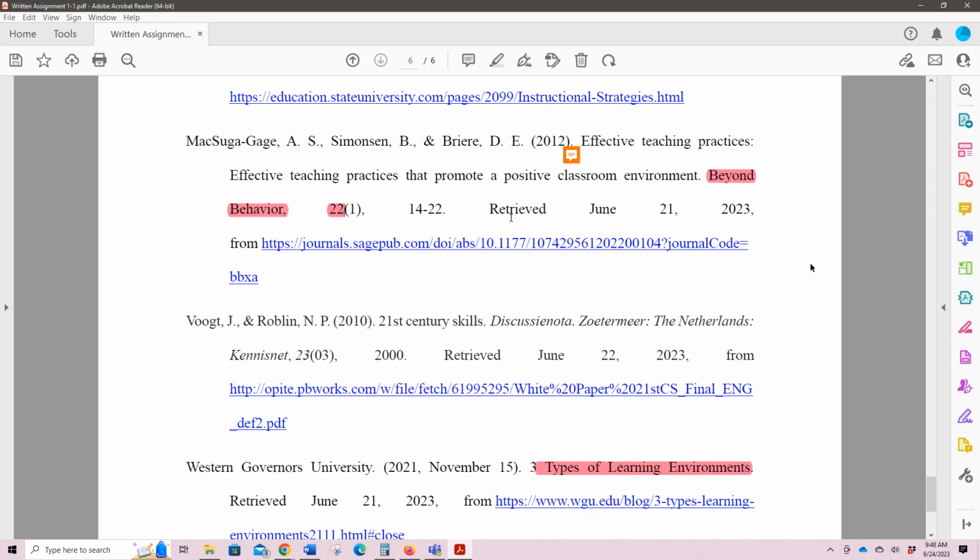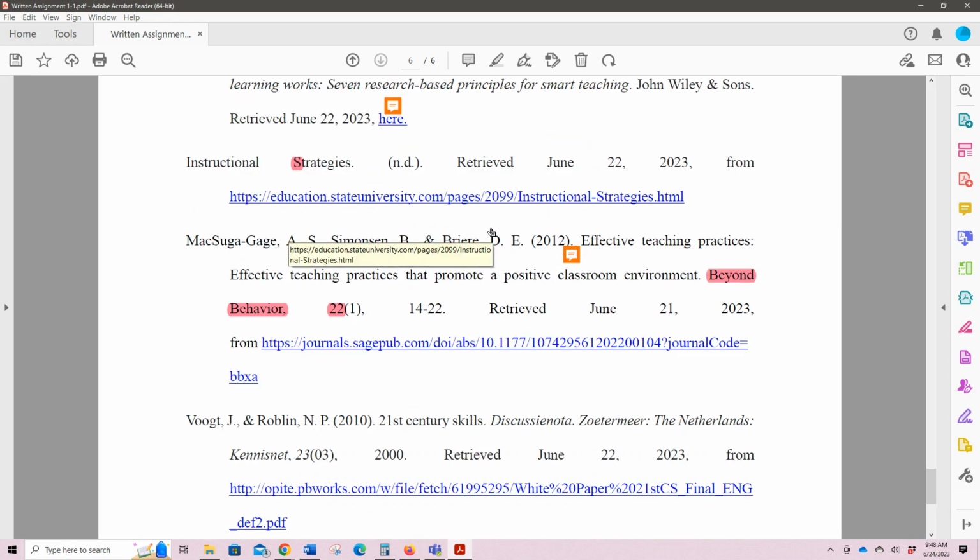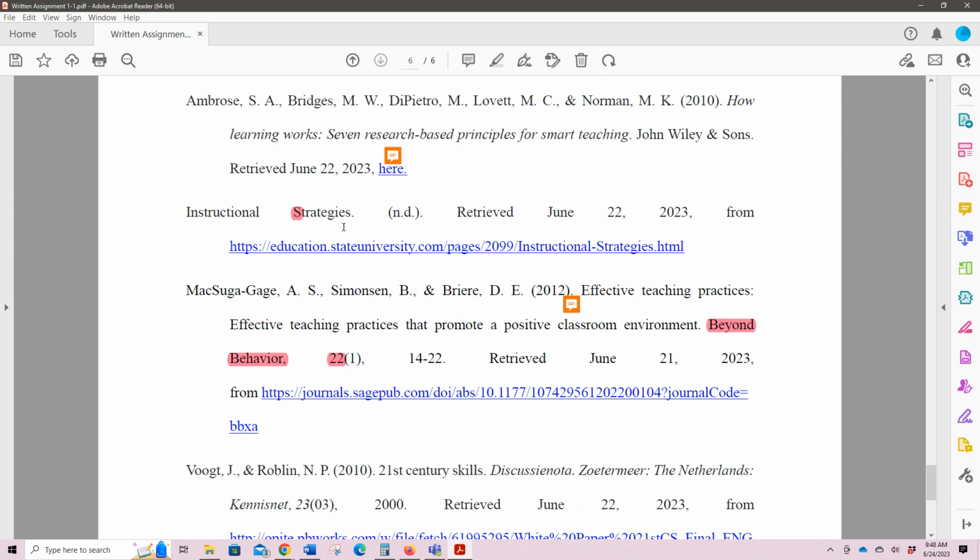Okay, the other thing, retrieved from, the only reason we use that is if we have a website that might change. So for example, this is a university. I'm not sure, but anyway, this organization could go in and change what they wrote on this web page.